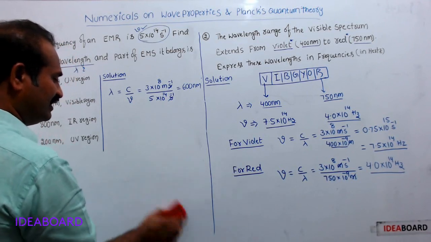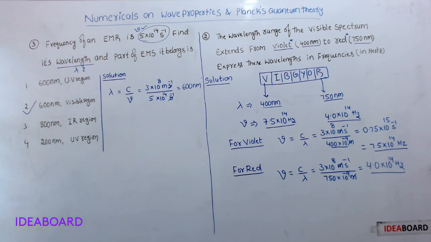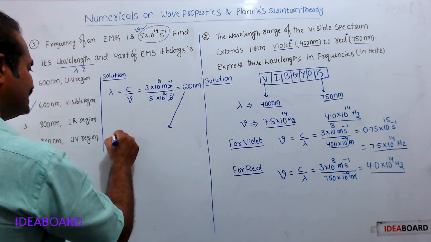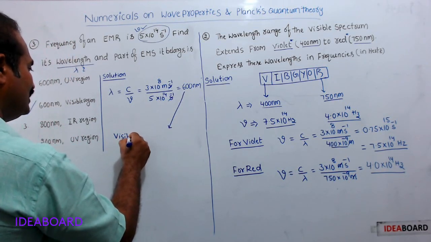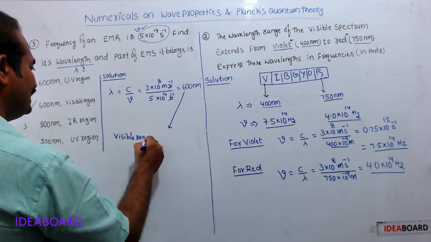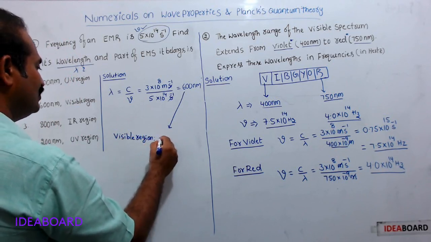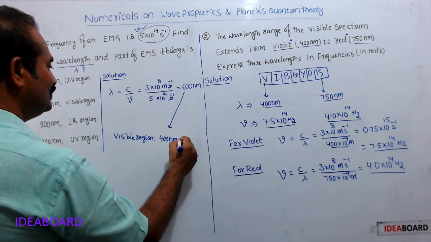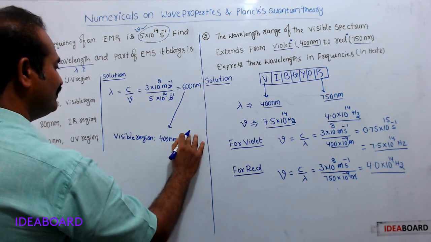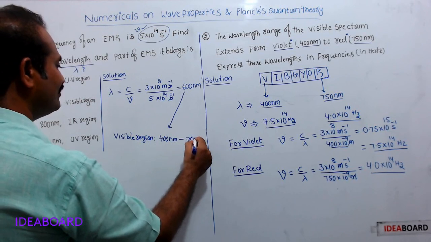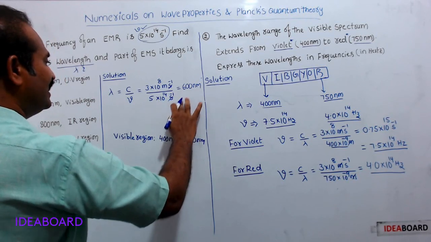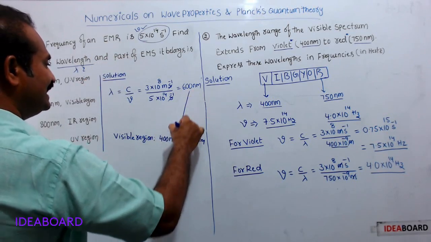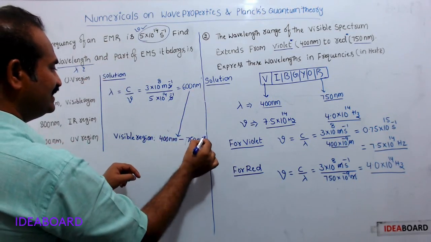What is the wavelength range of the visible region? The visible region wavelength range is 400 nanometer to 750 nanometer. The given electromagnetic radiation wavelength lies exactly in between this.